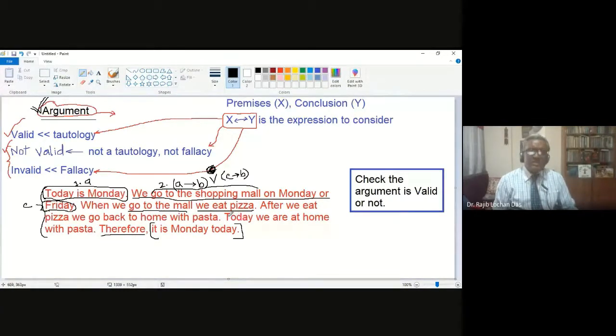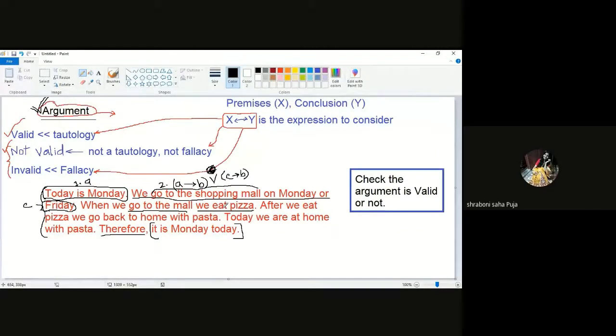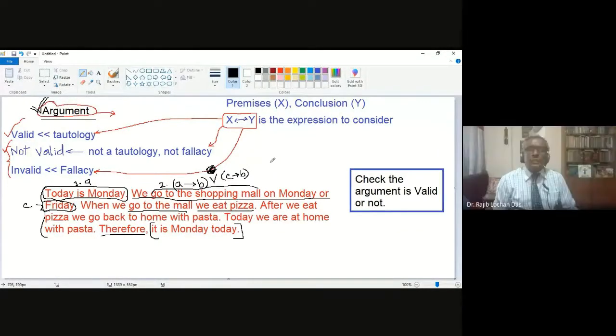Say this is D. So what will you write for this? It is again implication. B implies D. Exactly. So number 3 will be B implies D, because if we go to the mall, then we eat pizza. So B implies D. That is the number 3.